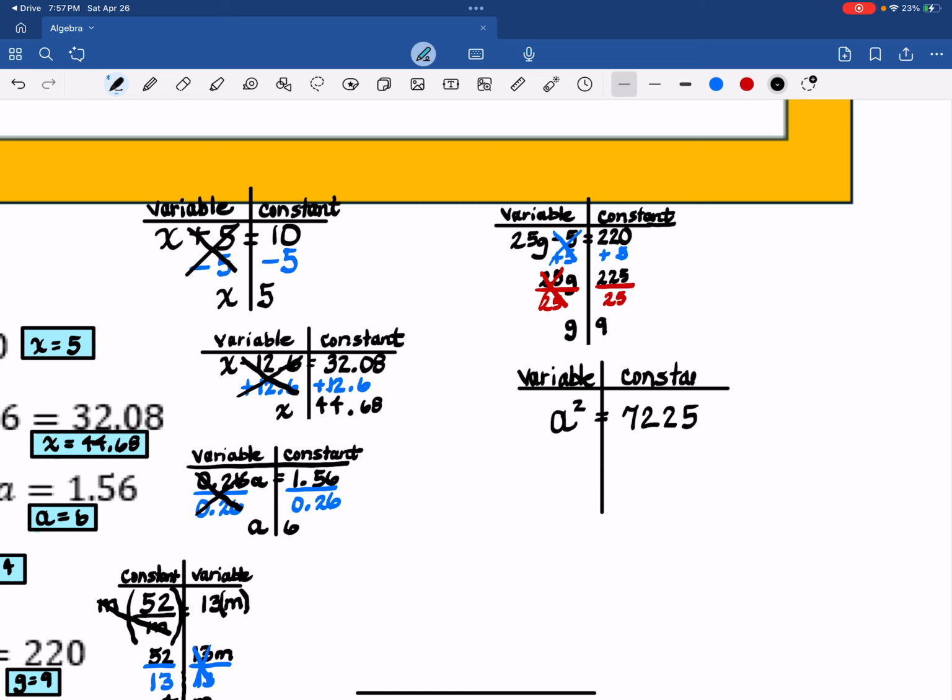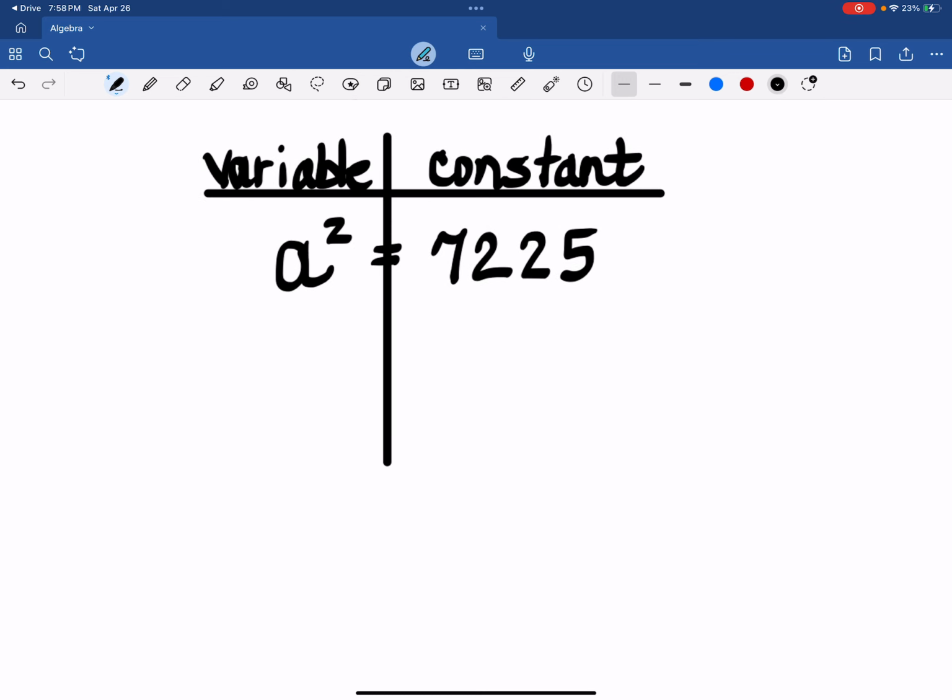So we'll go ahead and solve this one. Who's on the wrong team? That too. So how do I get rid of a square? There's only one way. I have to take the square root. And if I do it to one side, I have to do it to the other.